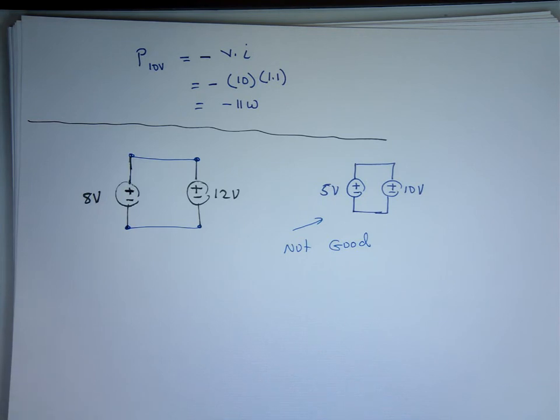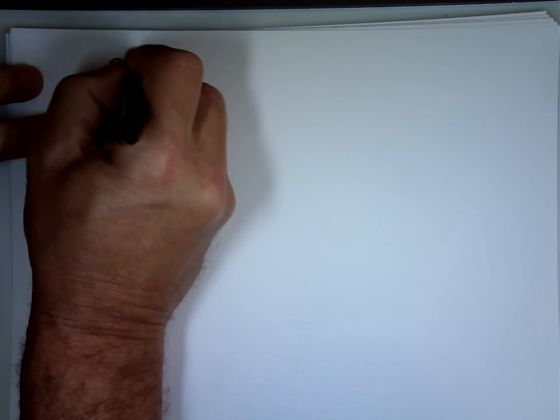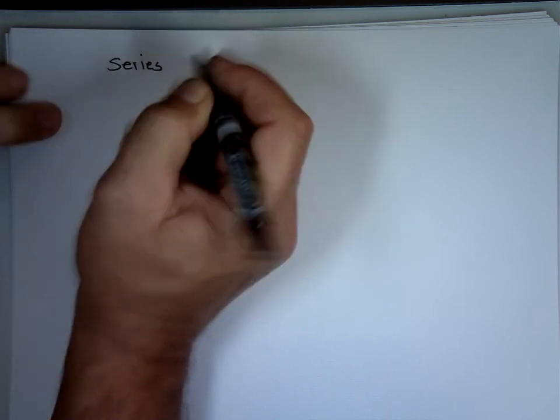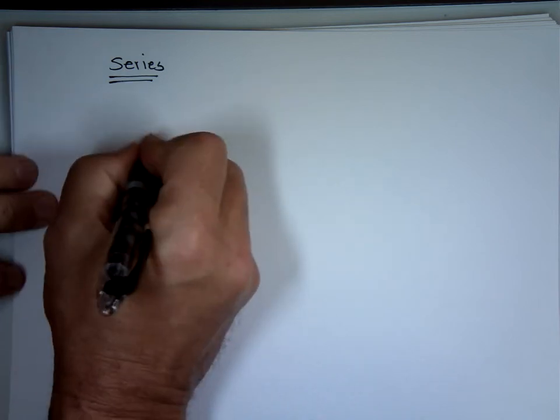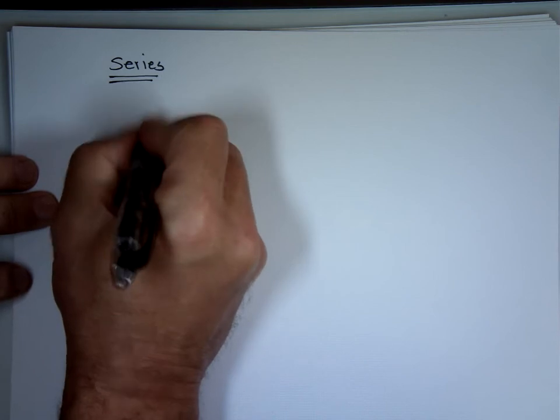Now the other one I'll talk about, what about if you attach them in series? Instead of parallel. When you attach something in series, let's say something like this. You take this source and you attach a resistor to it like this.